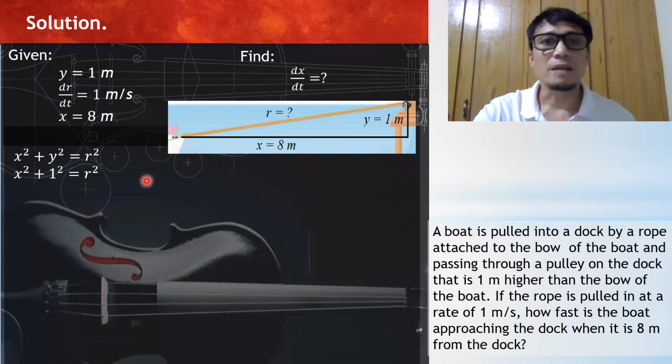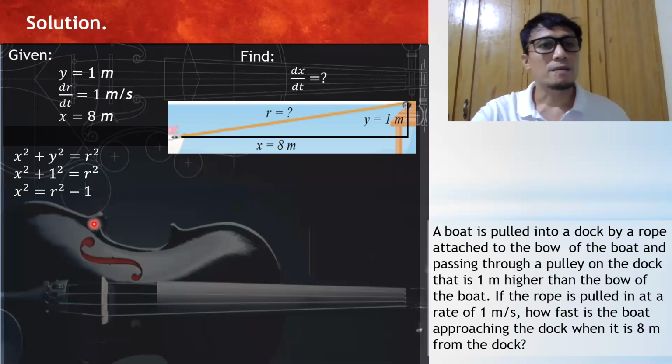Okay. And then solving, maybe it would help if we isolate the x squared on this side. So we have x squared equals r squared minus 1. Okay. So we have here a working equation.